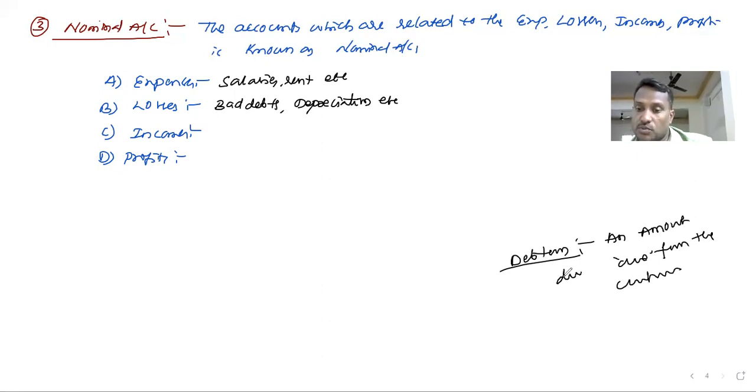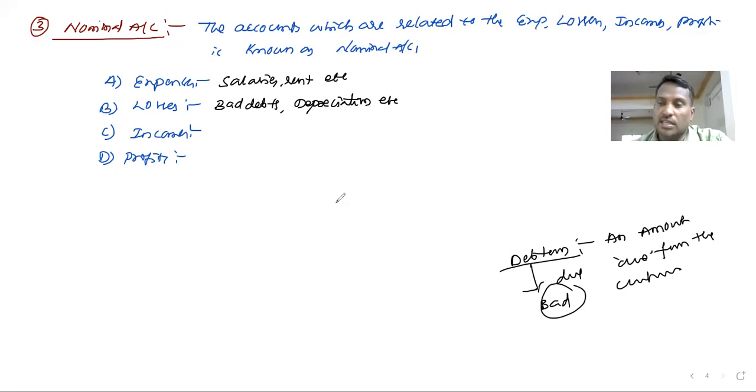Owe means due, so any amount due from customers is called debtors. Among these debtors, if any debtor does not pay the amount due to his financial position, being unable to pay the money, these debts are called bad debts. From the business point of view, bad debts are lost.